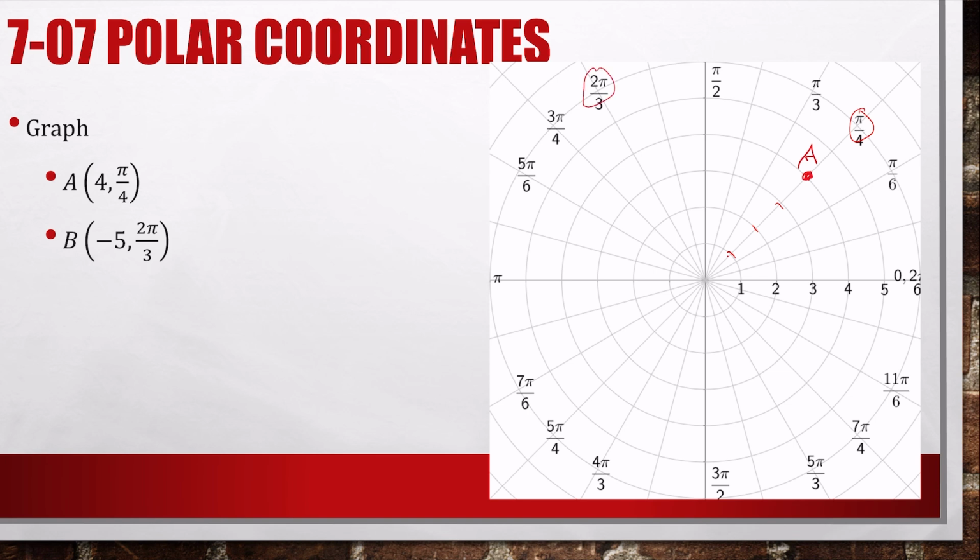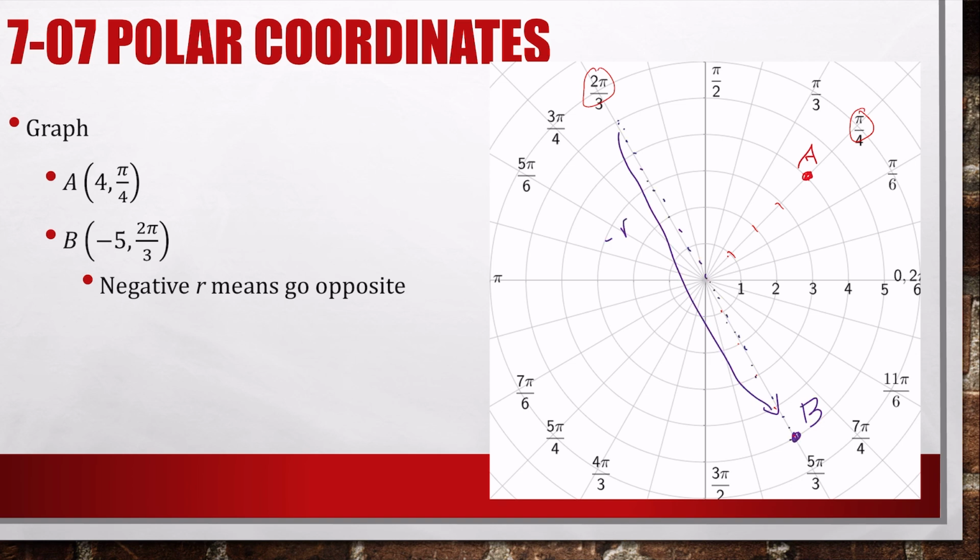So here's the 2 pi over 3, and I want the negative fifth ring. What does that mean? That means instead of going out that angle, you go the opposite direction. So there's 1, 2, 3, 4, 5. It's negative r, so we go the opposite direction.